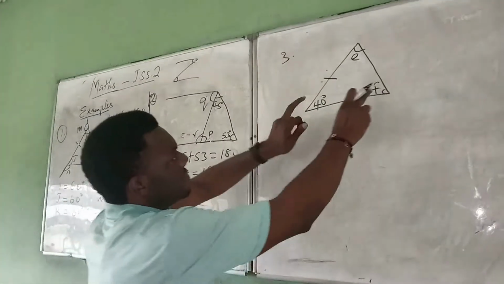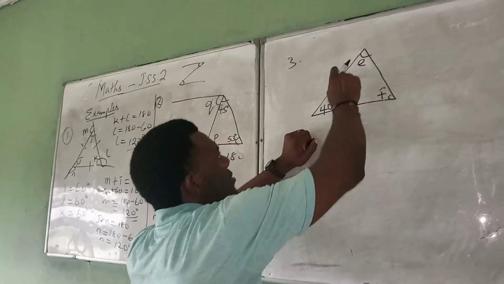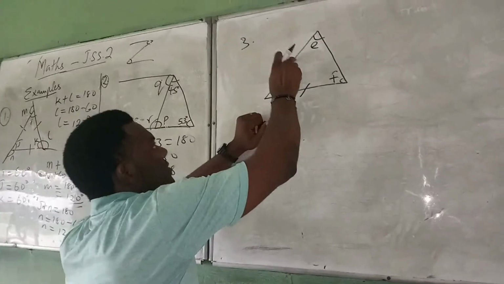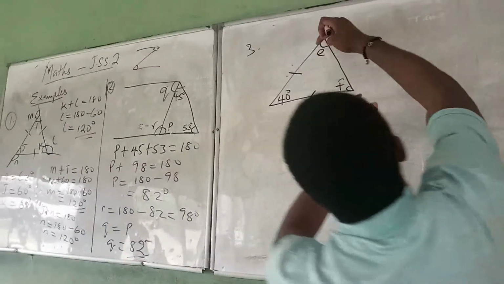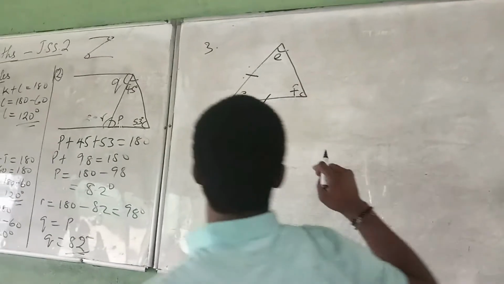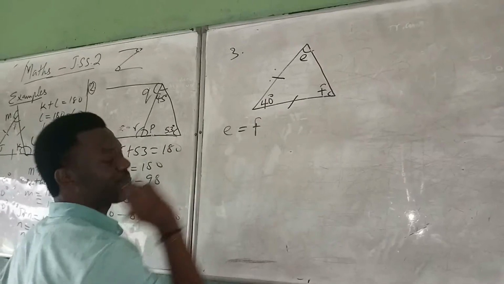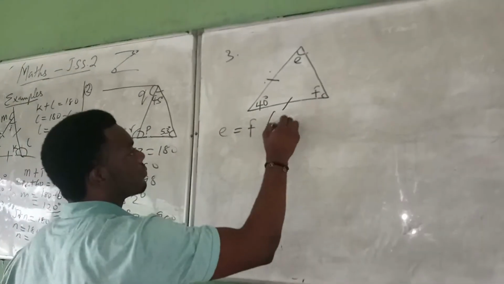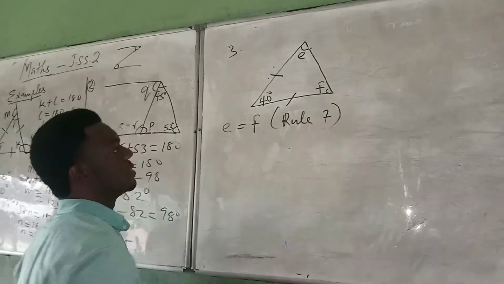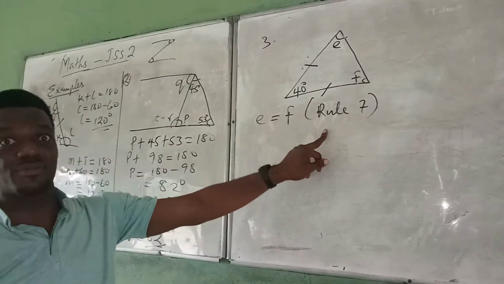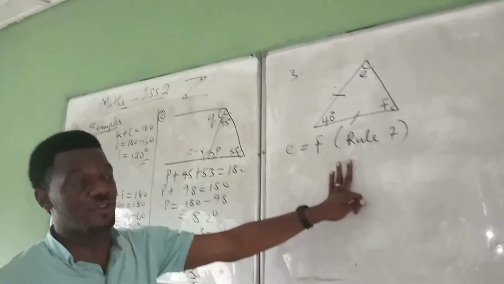This line and this line are equal. The angles opposite them are E and E, and these angles are equal. So it means that E is equal to F. That is rule 7, that the angles opposite the equal sides in an isosceles triangle are equal.